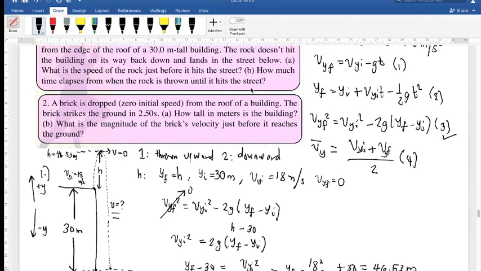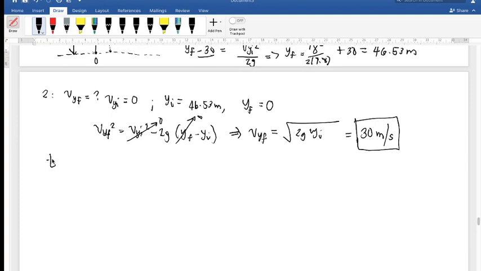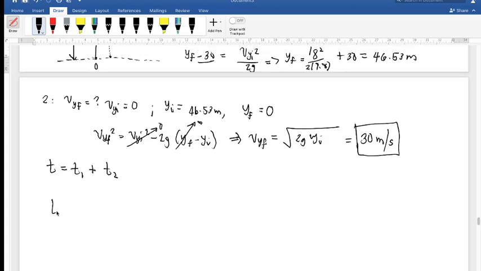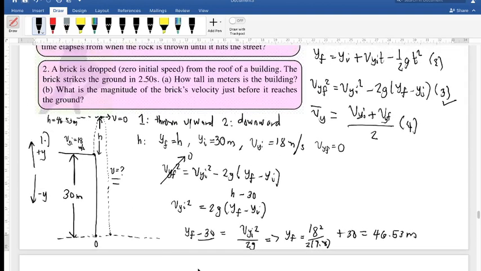So letter B, how much time elapses from when the rock is thrown until it hits the street? So basically the total time, so katong gi-thrown siya pa upward, then padung siya sa downward. So we have to calculate the time elapsed sa event 1 plus the time elapsed sa event 2. So we have the total time elapsed is equal to the event 1 time plus the event 2 time. So to find T1, you have to take note of the unknown variable, okay?